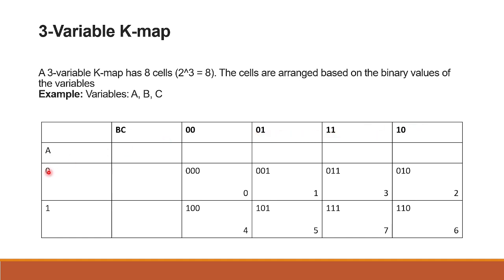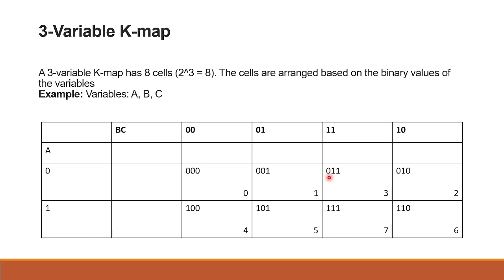When A is 0 and BC are also 0, this binary value represents the decimal value 0. The next cell is when A is 0, B is 0, but C is 1, and its decimal value is 1.